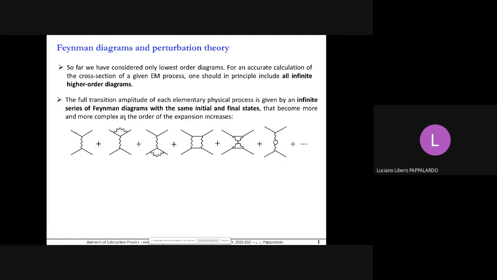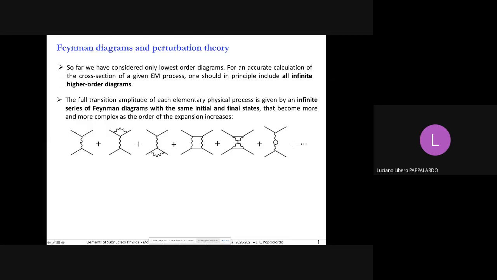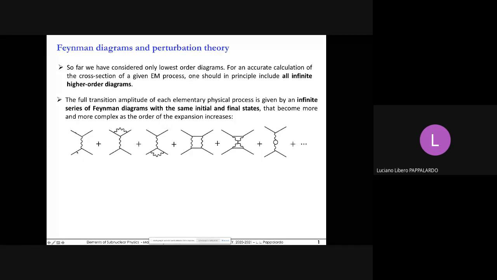Now, the full transition amplitude of each elementary physical process is given by an infinite series of Feynman diagrams with the same initial and final state. So suppose you are considering, for instance, the Møller scattering. Suppose that this arrow corresponds to electron fields. And this is the leading order process that we discussed yesterday. There is also another diagram, if you remember, but okay, this is the leading order.